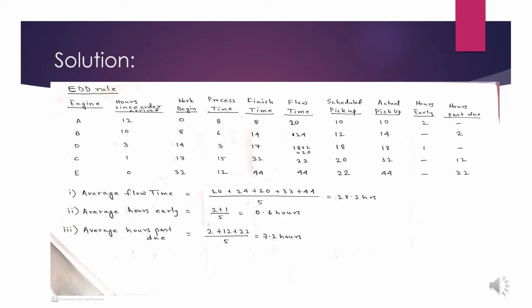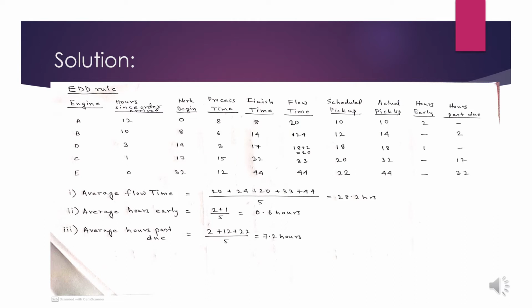The second thing that we will be talking about is the work beginning time. Now as we talk about the work beginning time, A is the first job that needs to be done. So if that is the first job, it begins at 0, and the processing time is 8. So A will have the finish time at 8.